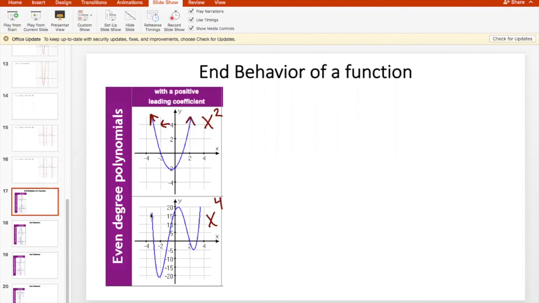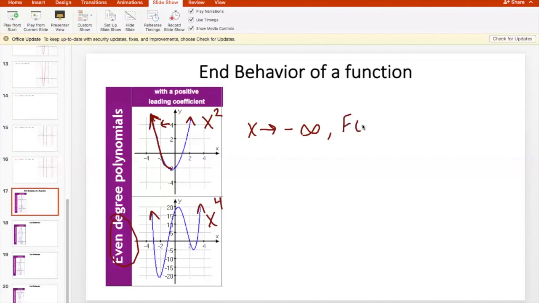okay? Same thing. So if you have an even degree and you start out with a positive, it's positive x squared, positive x to the 4th, you can say the following. As x approaches negative infinity, which means to look to the left, what happens to your graph? It goes higher and higher and higher forever to positive infinity.